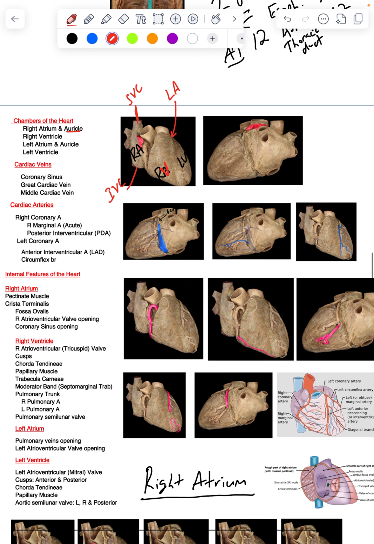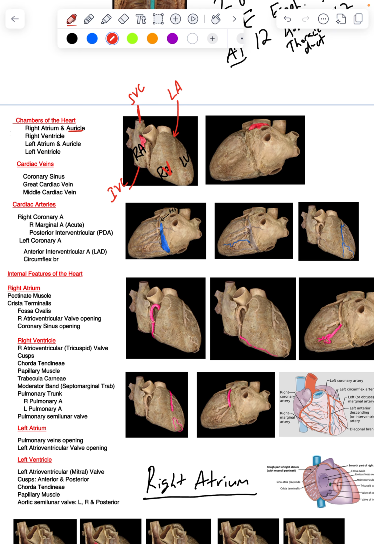So your cardiac veins, if we went around this way and turned the heart, this right here is your coronary sinus. The reason you know this is the back of your heart is because you can see these pulmonary veins. So these are the veins that go from the lungs back to the left atrium, bringing in oxygenated blood.